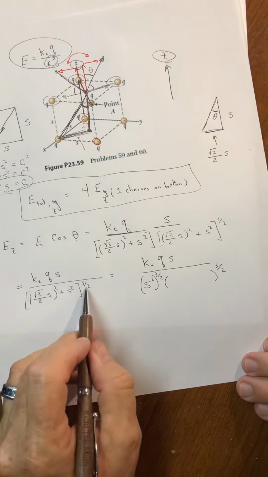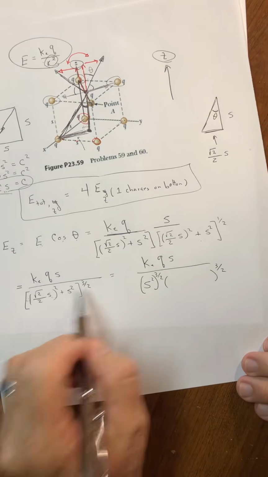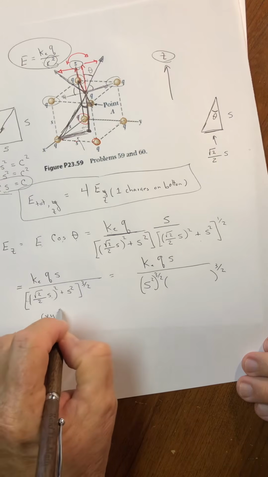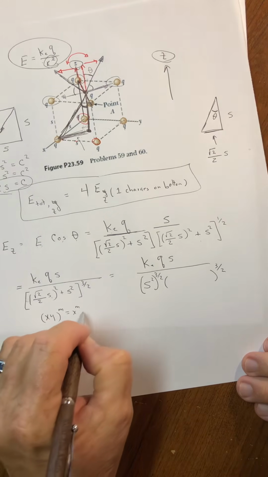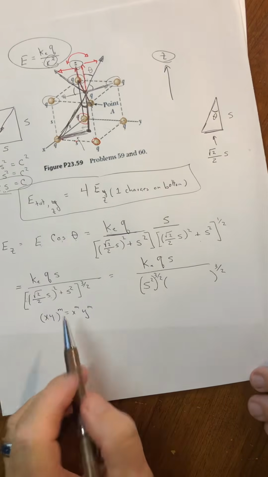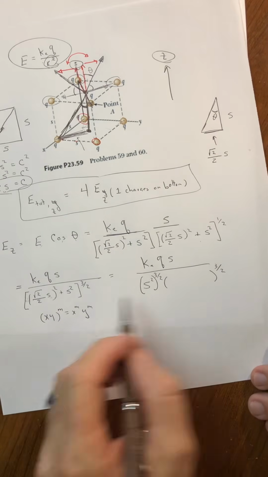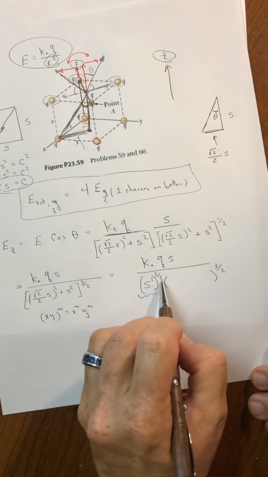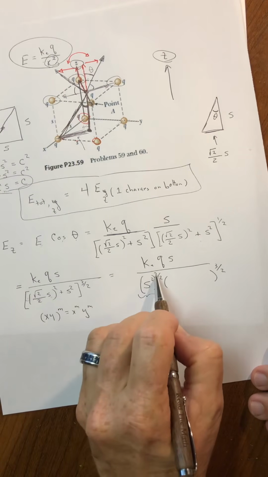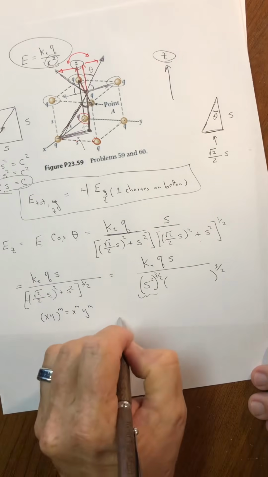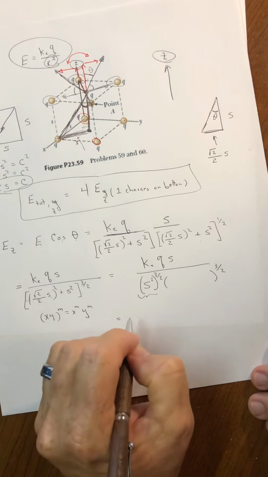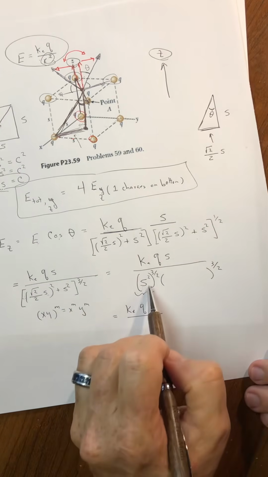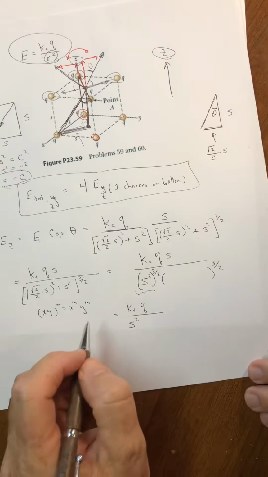So both of these factors would be to the 3/2 power, remembering that xy to the mth power is x to the mth and y to the mth. All right. And of course, this one is nice because a square and a square root cancel, and that's just S cubed. And then there's an S there. So that would become Coulomb's constant Q, and that S with an S cubed makes an S squared.